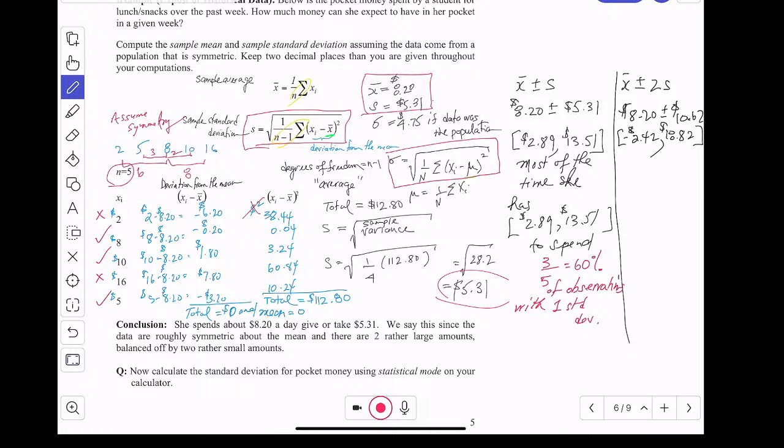So within 2 standard deviations are all of the observations. Notice this range. This range covers all the data.